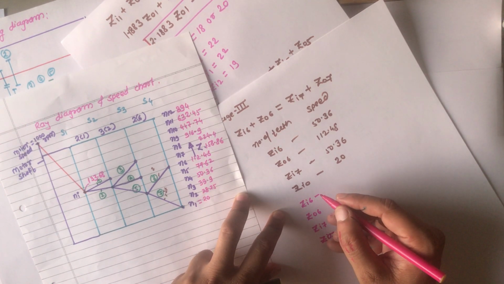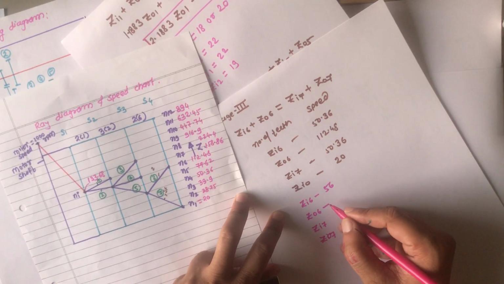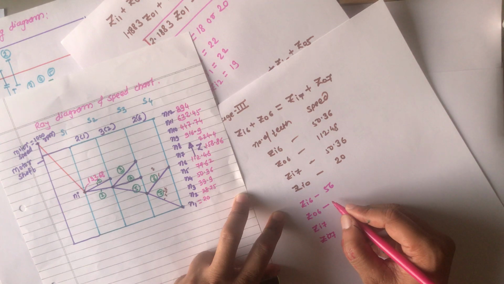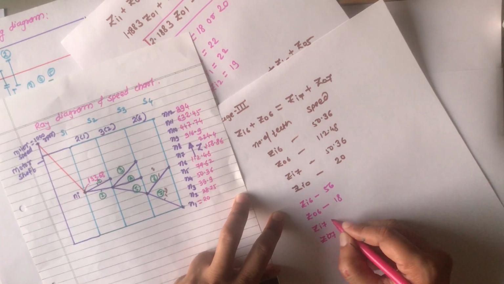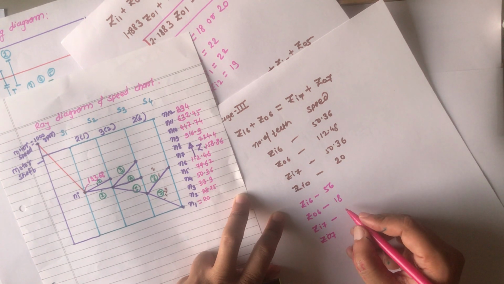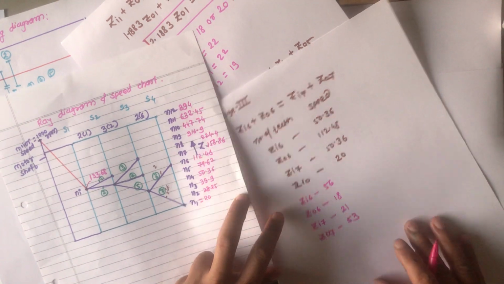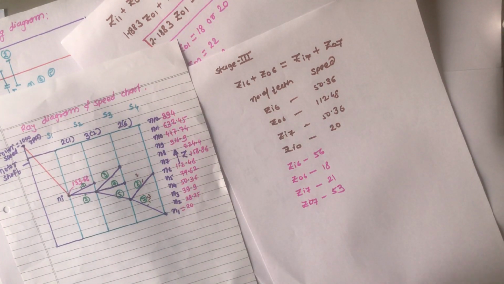Zi6 is 56 teeth, ZO6 is 18, Zi7 is 21 and ZO7 is 53. These are the numbers of teeth.